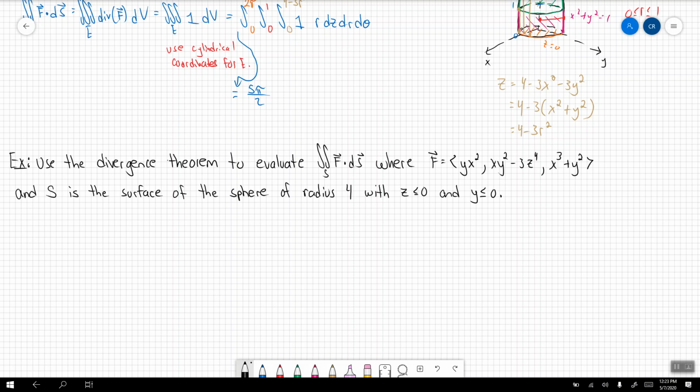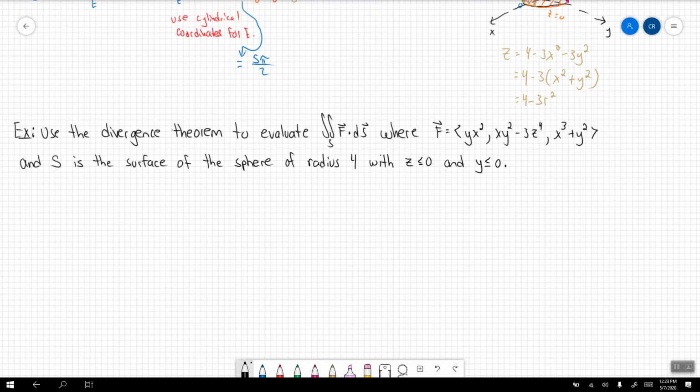All right, so let's now try to envision what kind of surface we're going to be looking at if we're looking at that sphere with those given restrictions. I'm just going to draw my sphere, and then I'll restrict all of those values.